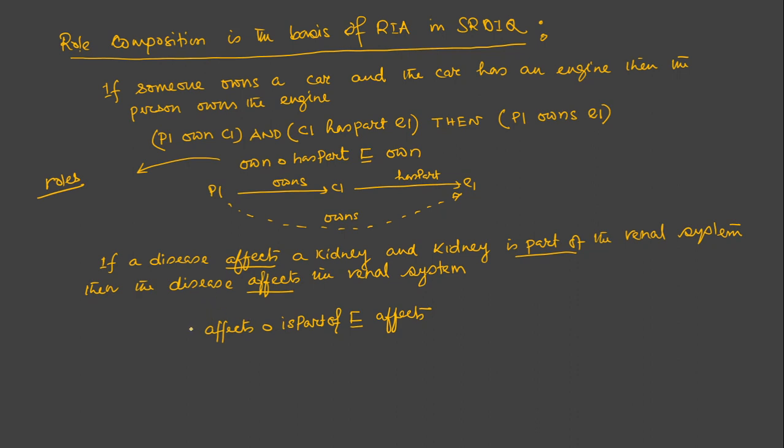We need to look at the individuals appearing as subject and object for these relations, for example x and y. If x and y are connected via this composition, then x will affect y. This is the kind of semantics that we can associate with composition of roles.